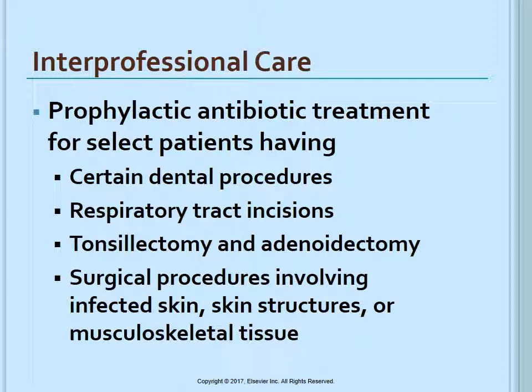Repaired congenital heart defect with prosthetic material or device for 6 months after the procedure. Repaired CHD with residual defects at the site or adjacent to the site of the prosthetic patch or prosthetic device. Heart transplantation recipients who develop heart valve disease.